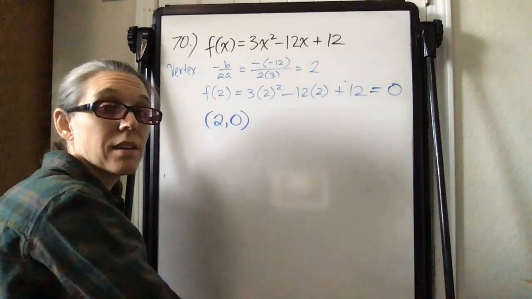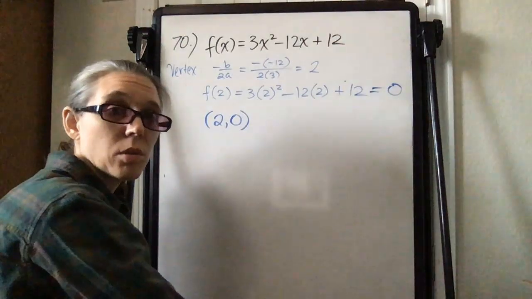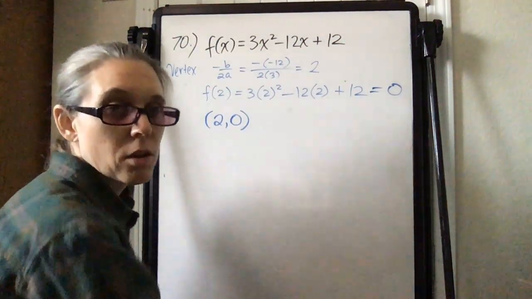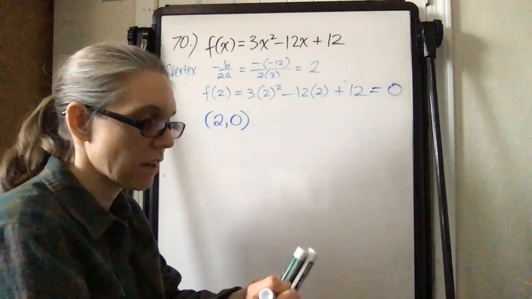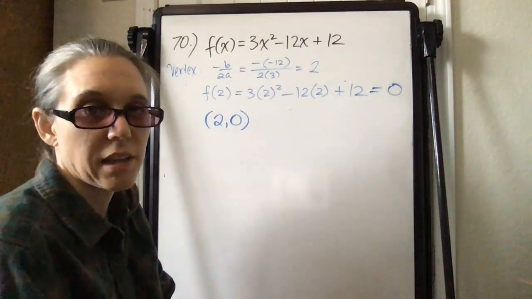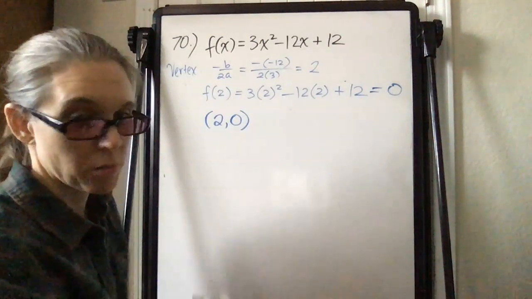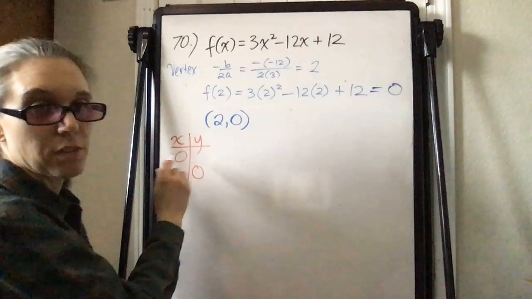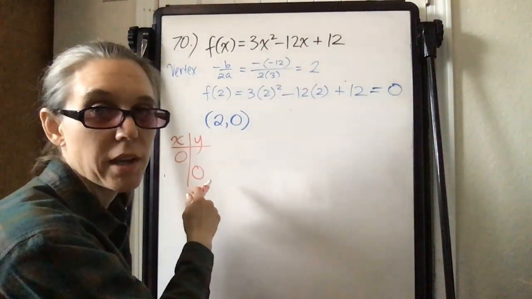In this case, the vertex happens to also be one of the x-intercepts, but that doesn't often happen. Okay, so once you find your vertex, then the next question is how to find the x and y intercepts. Remember that we use this table. Plug in 0 for x, plug in 0 for y.